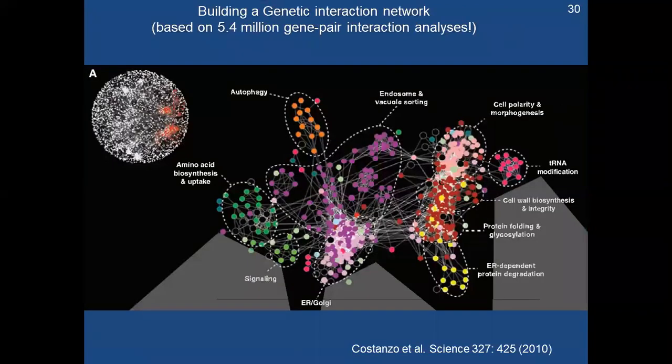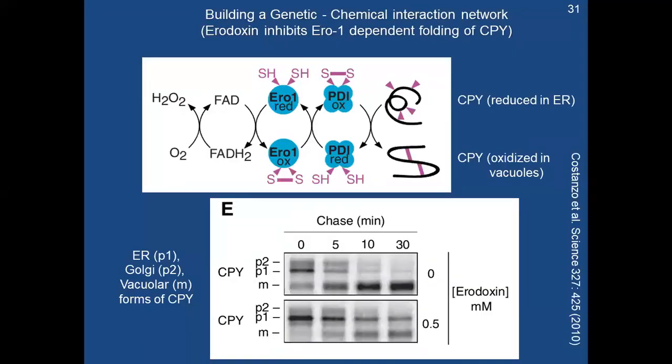All right, so then they do a second experiment, very similar to the first. Again, looking at a protein that PDI oxidizes. This time, over the same pathway, the protein is called CPY. This protein, when it is first synthesized, is reduced, and it exists in the ER.